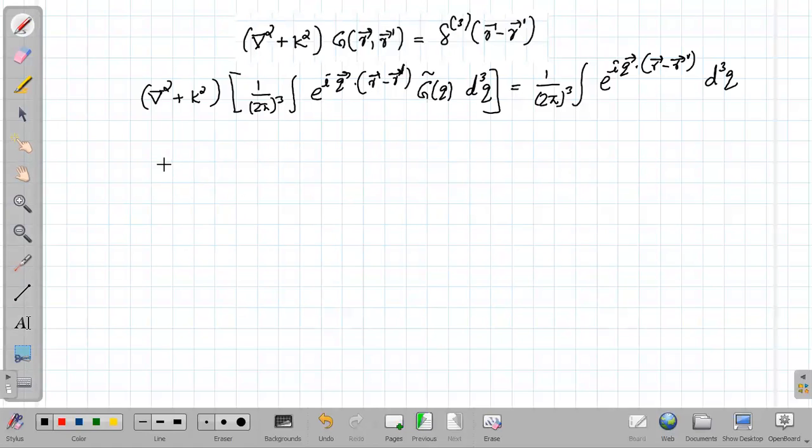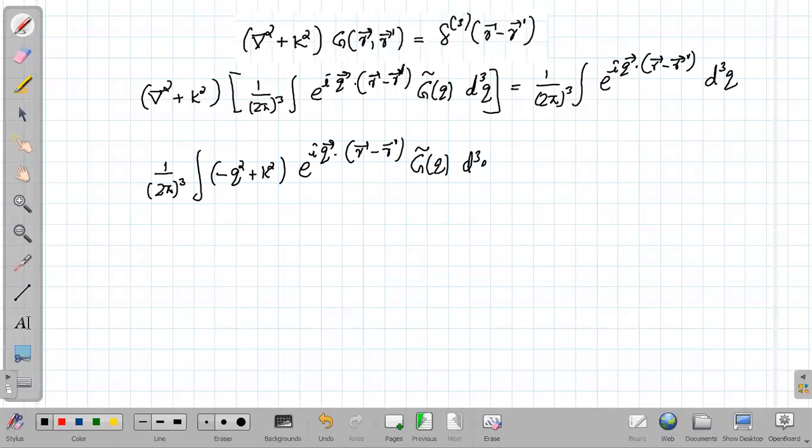Okay, so this expression would become 1 by 2 pi cube integral minus q square plus k square exponential of i q dot r minus r prime g tilde of q d cube q equal 1 by 2 pi cube exponential e raised to i q dot r minus r prime d cube q.